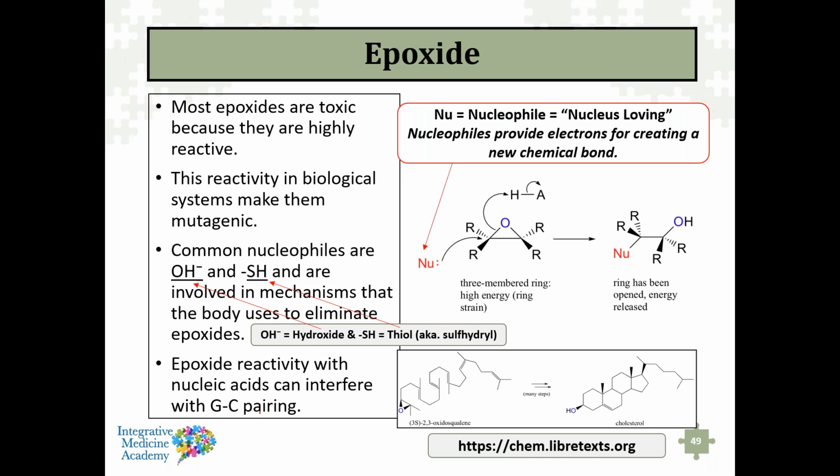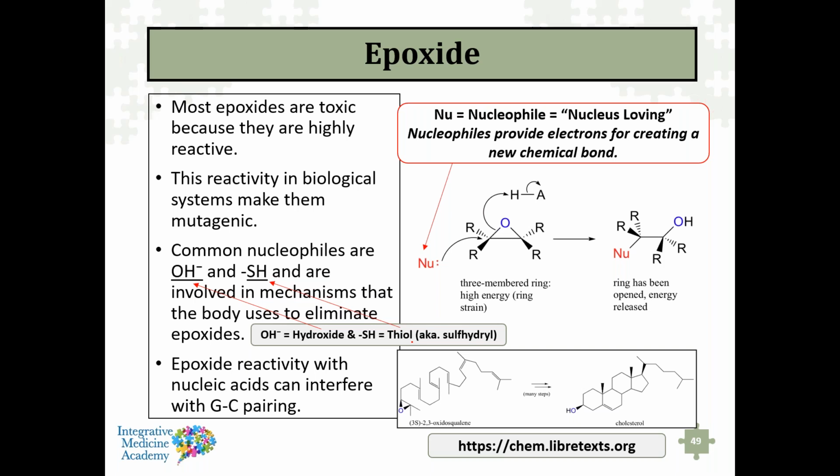Now, we all in our bodies have what are called nucleophiles. A nucleophile essentially is a nucleus-loving compound. So nucleophiles provide electrons for creating a new chemical bond. For example, a thiol is a nucleophile. An example of a thiol would be glutathione.